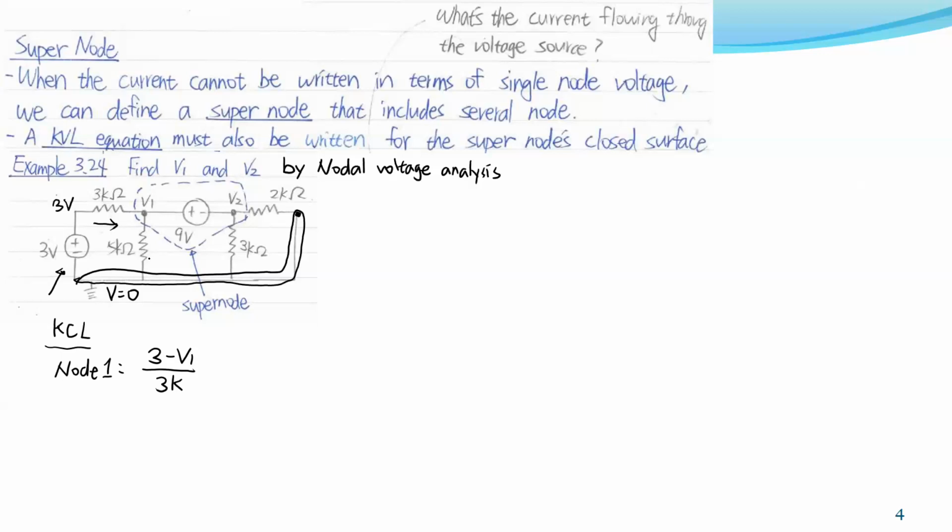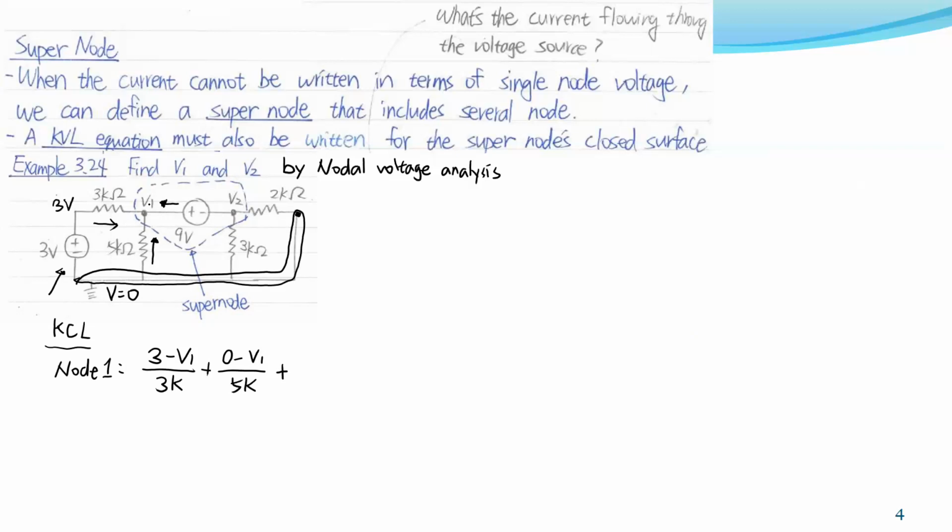And then we need to define the current in the middle, from bottom to top. So we have plus 0 minus V1, divided by 5K, right? And then we need to define the current flowing from the right to the left.